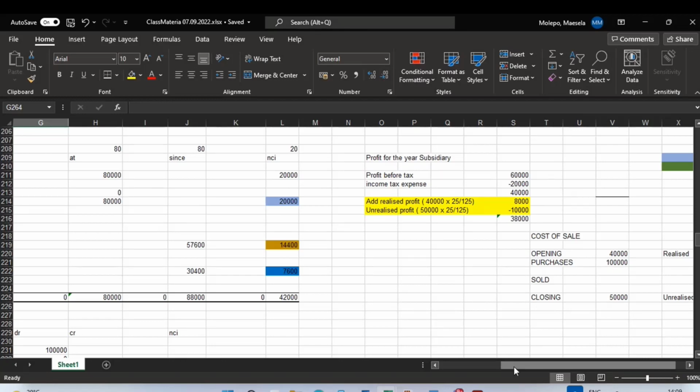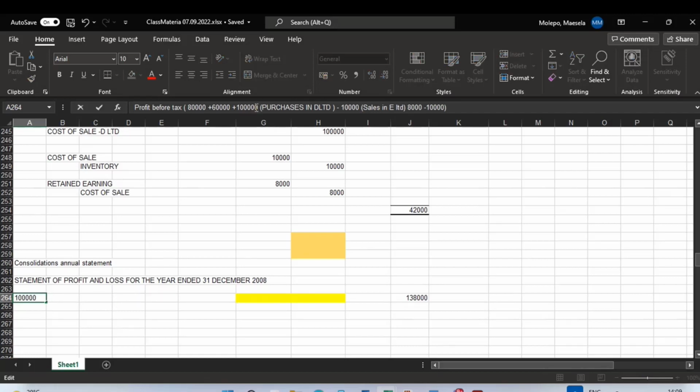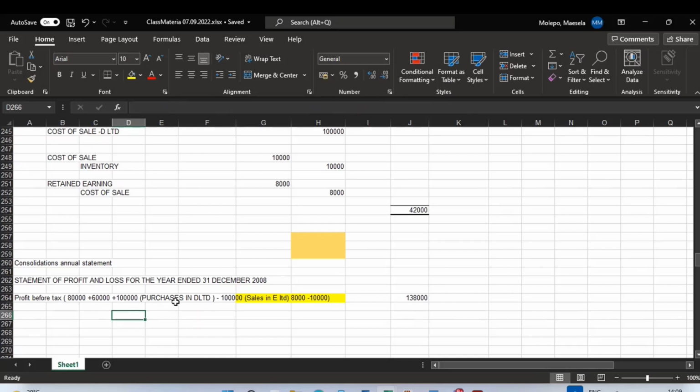When you do this long line, it will give you an amount of 138. 80 plus 60 plus 100,000, it should be 100. I get 138.